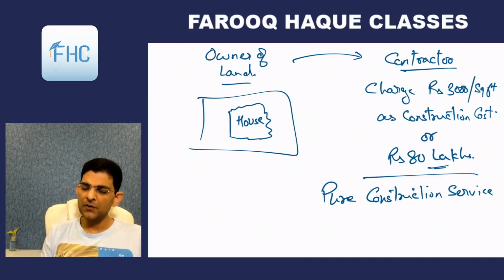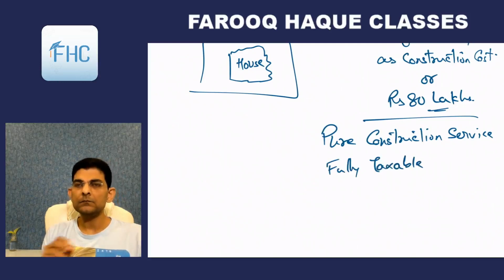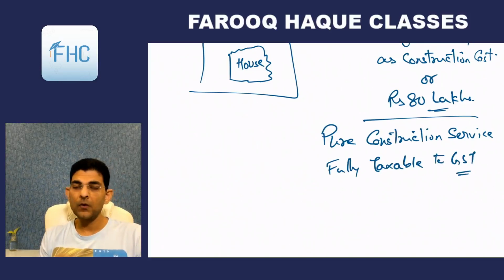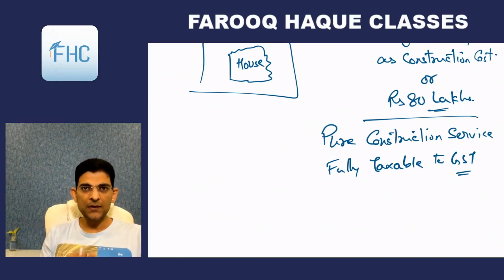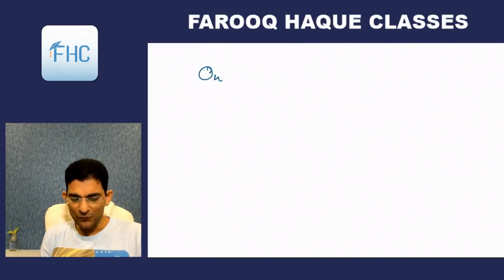So these amounts are fully taxable under GST. Whatever the rate is, though we don't have to study the rates of tax, there are different rates, it will be chargeable. So this is one thing. Now the second is an interesting one, that there is an owner of land.